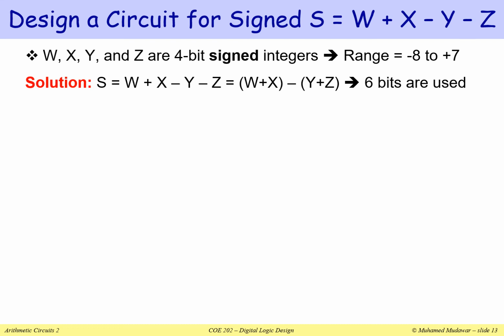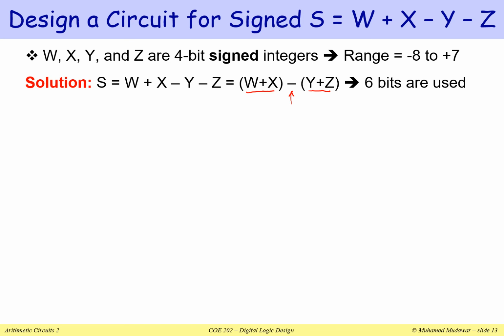So I need one adder for W plus X, another adder to calculate Y plus Z, and a third adder to calculate this subtraction. I can convert subtraction into addition using the 2's complement. So I need 3 adders in total.